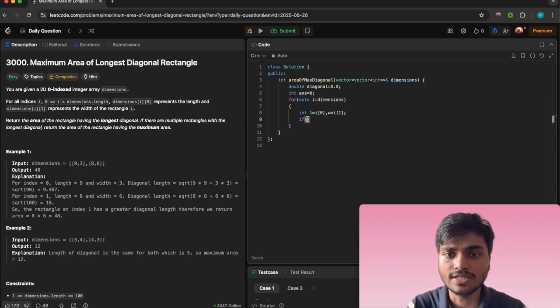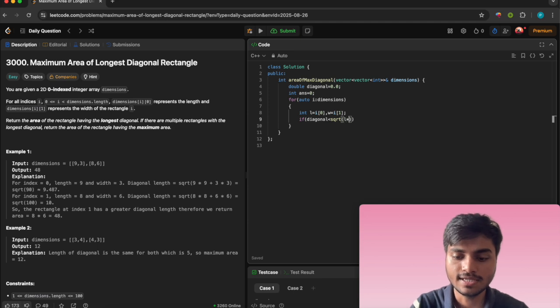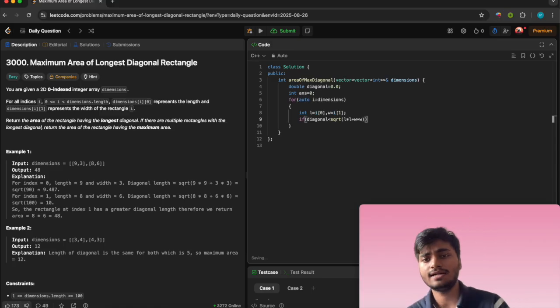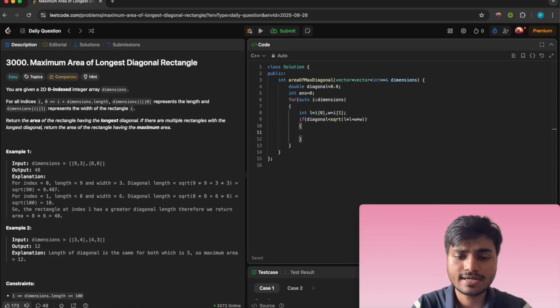Whenever you find that the diagonal is lesser than sqrt of L into L plus W into W, then we have to update the diagonal, because it is now the longest one.